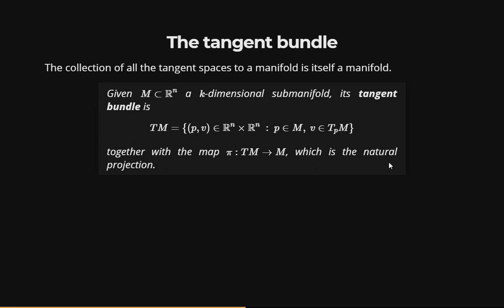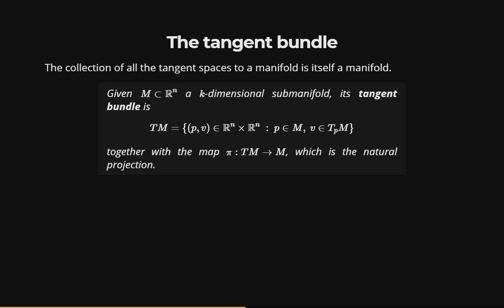This is the tangent bundle. The tangent bundle is the set of couples (point, vector) in Rn times Rn. So for the circle it would be in R2 times R2, so in four-dimensional ambient space, so that P is in M and the vector is tangent to M. And you have a map that projects TM on the first component, so projects TM on M. What are the preimages of this function?